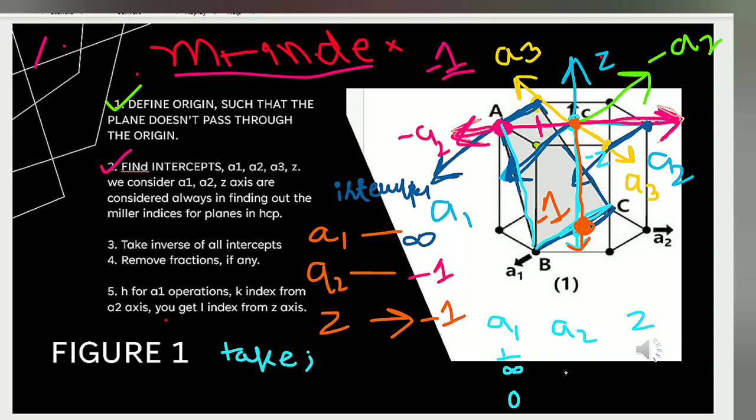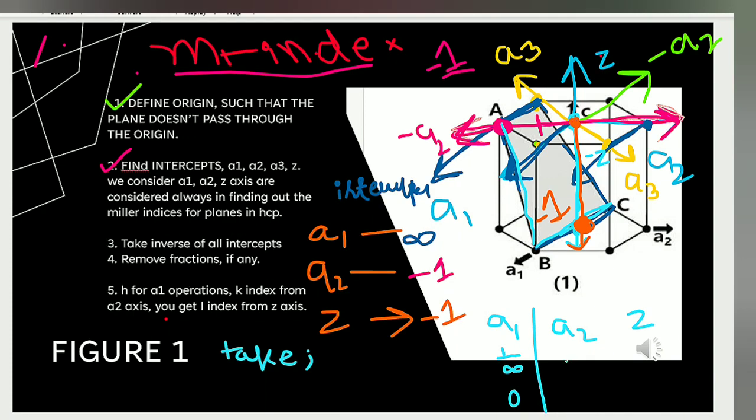Then the A2 intercept, which is -1: the inverse of -1 is again -1, so it doesn't bring any difference. Taking the inverse of the z intercept, 1 over -1 is again -1, so we got 0, -1 and -1.